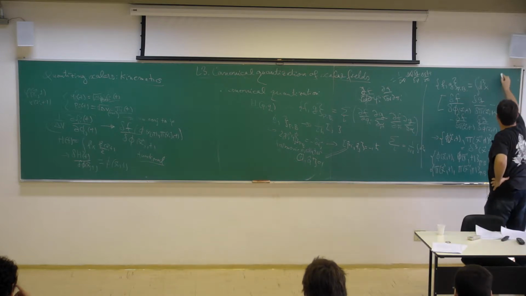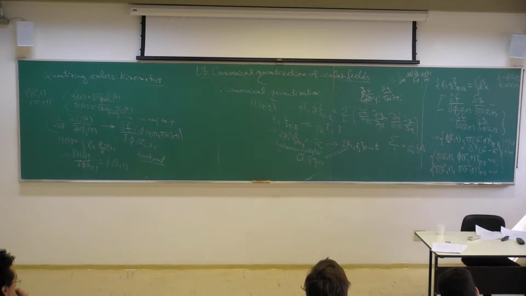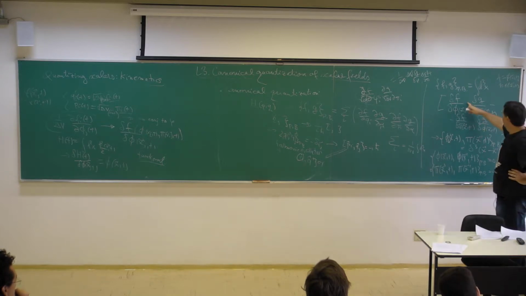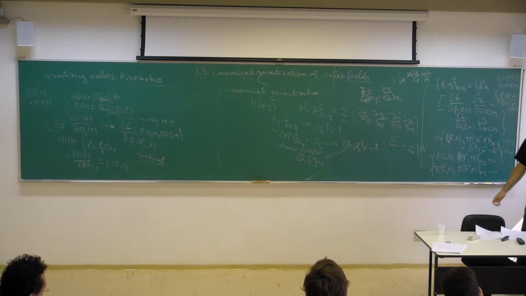If I put f equal to phi of x and t, and g equal to pi of x prime and t, I have, well, the second term is 0, and then the first term is d phi of x and t with respect to d phi of x prime and t, which is delta of x minus x prime, right?